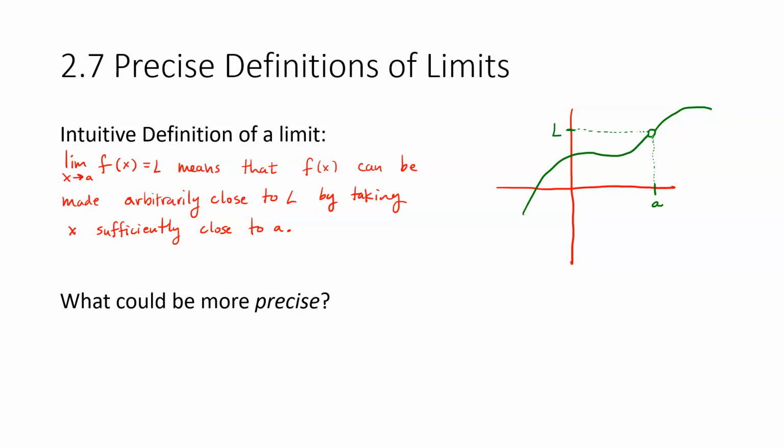All right, and here I'm putting a hole in the graph to remind us that the point at A may or may not necessarily exist. For instance, if I do have a hole at A, the limit will still exist. Nowhere in this definition does it require that f of A exist. Okay?